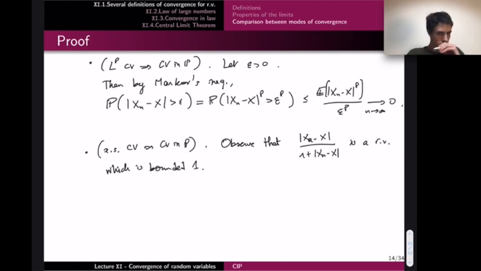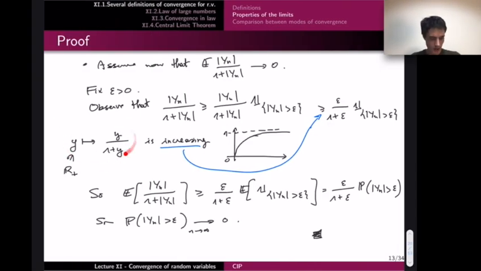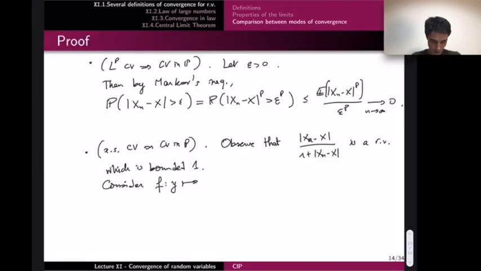Now I take a function which turns out to be continuous. Consider the function f, which I've already presented to you earlier, namely this function here. Let's call the variable y now: y divided by 1 plus y. This one defined on R plus is continuous on R plus.